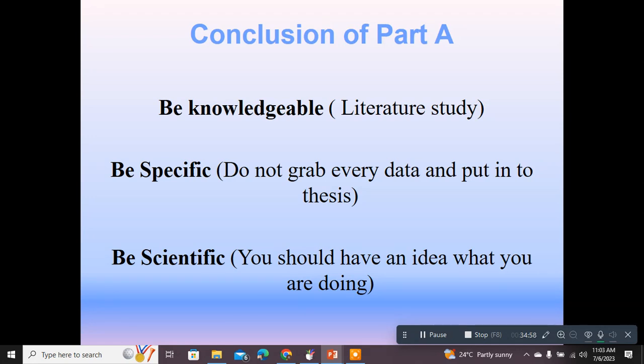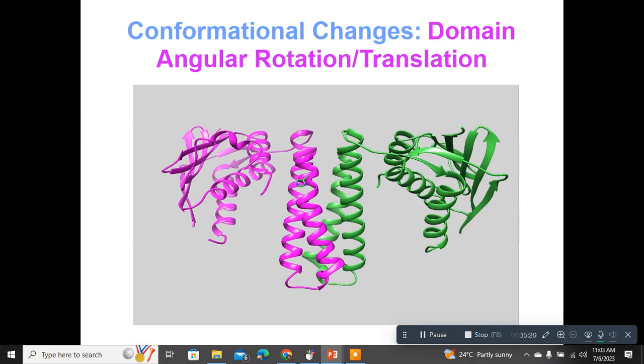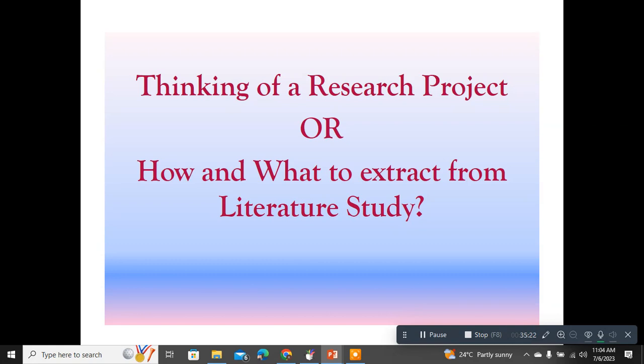Do not grab each and everything and put it in your thesis or manuscript. And also be scientific. It means do not work haphazardly, work with certain questions and certain methodologies.